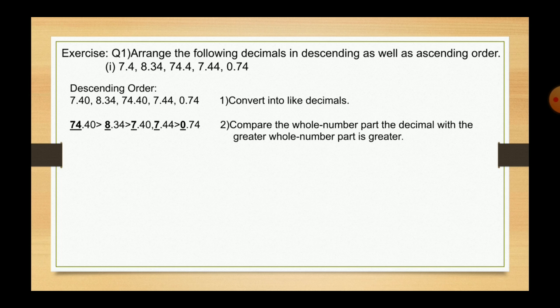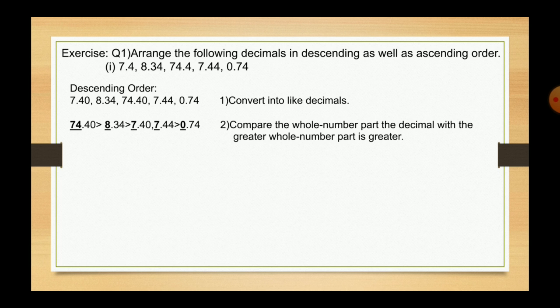So after 74, lesser than 74 is 8.34. After 8 we have 7.40 and 7.44, and the smallest number is 0.74. Here we have 74, 8, 7, 7 and 0. We have seen that, but in between we have two 7s.